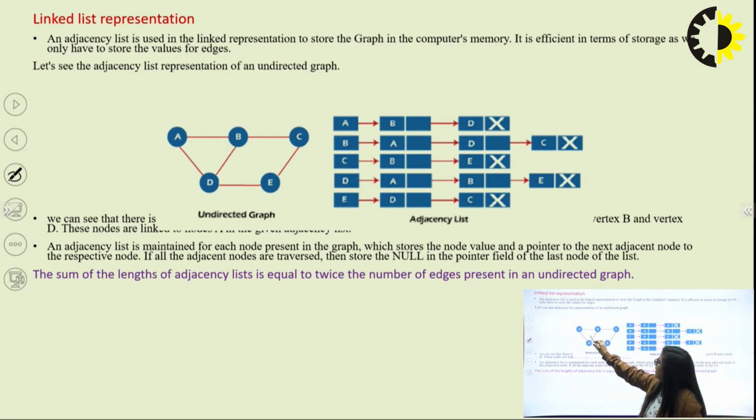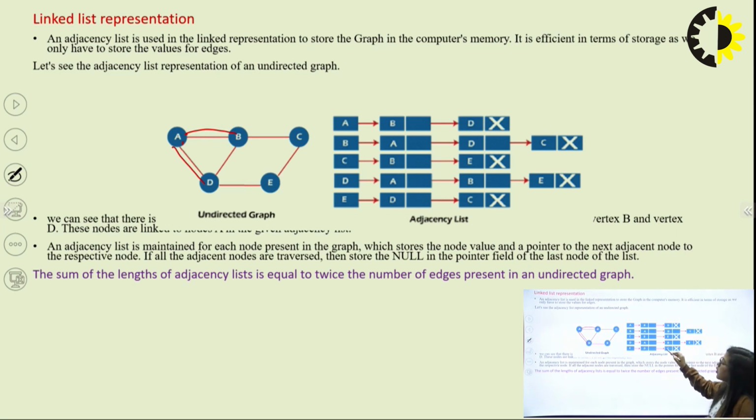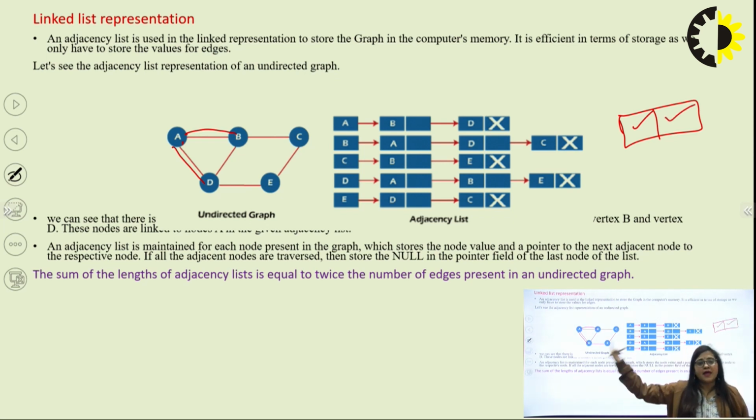A can easily move directly to B first, A can easily move to D, and C and E cannot be moved to directly. According to this representation, you should know about the linked list. A linked list node has two memory parts. The first one is for the value and the second one is a pointer, or the address of the next node.